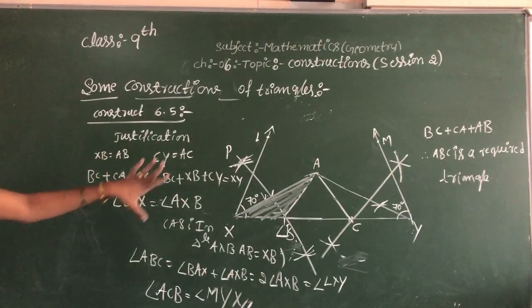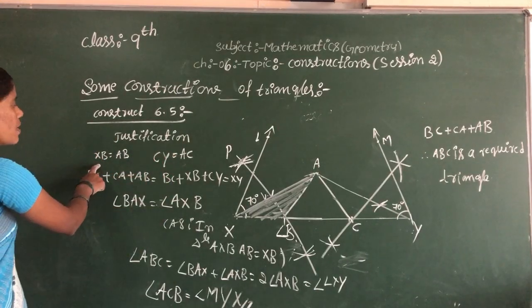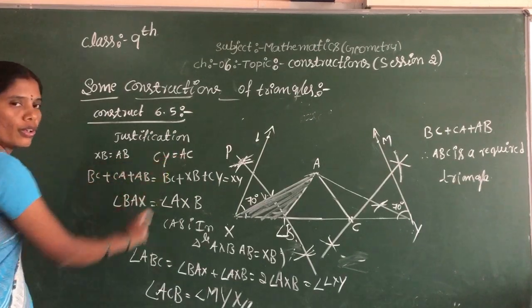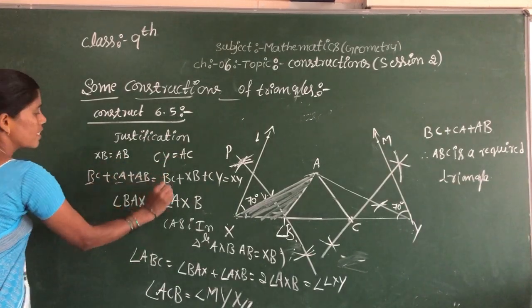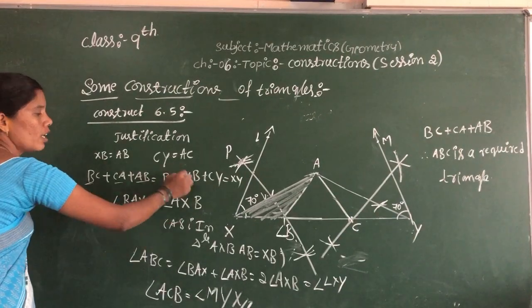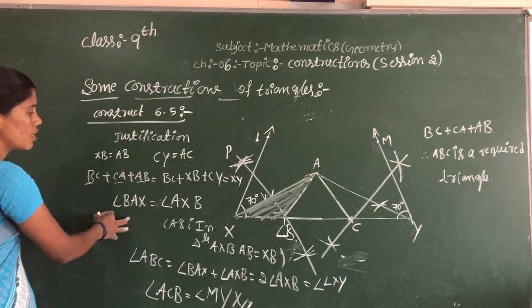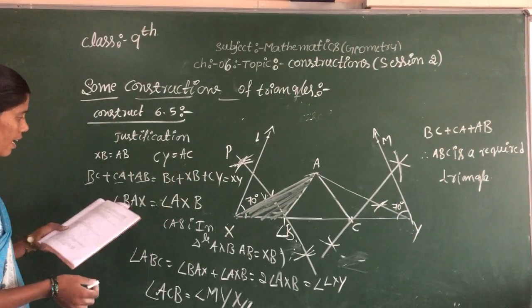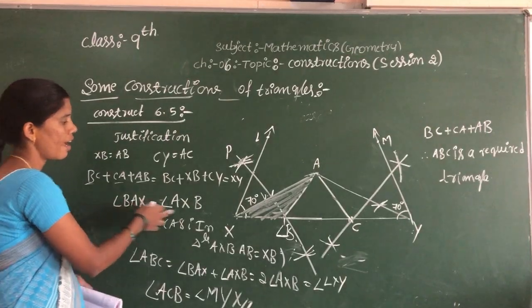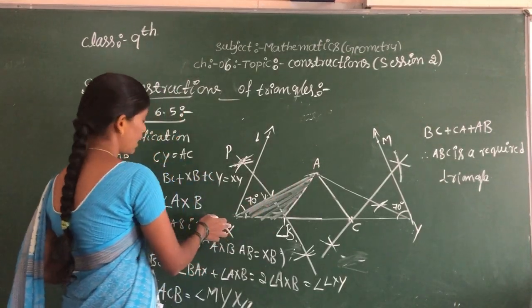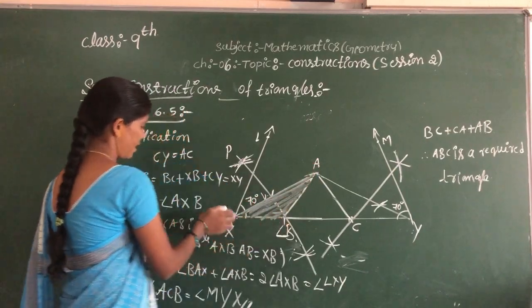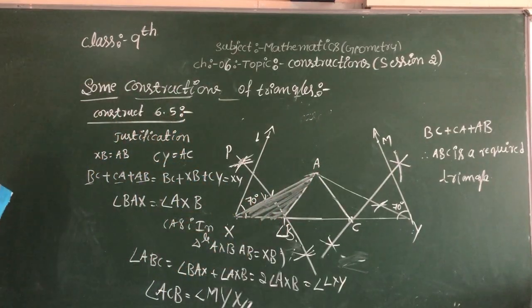So only compare to this one. Why? Because XB is equal to AB, CY is equal to AC. These are sides of the triangle. So compare one side to the other side. Take angle BAX, take angle ABX. So this is only justification.